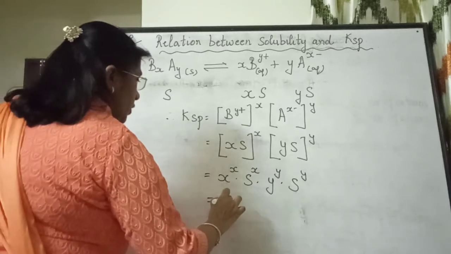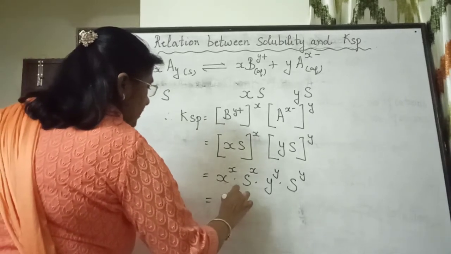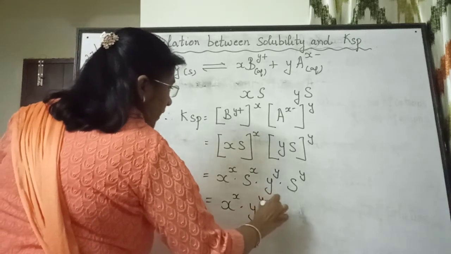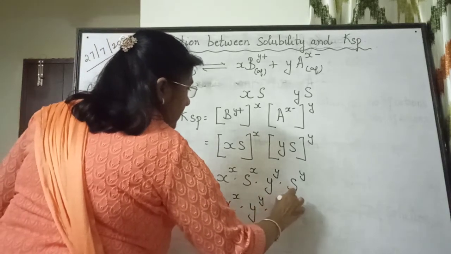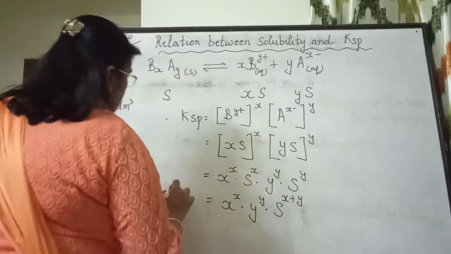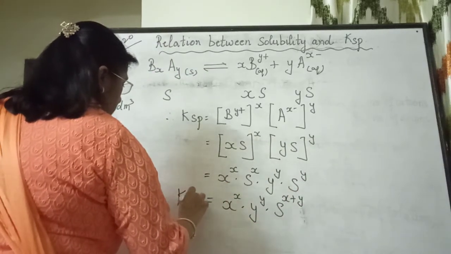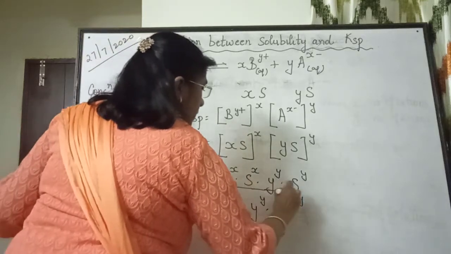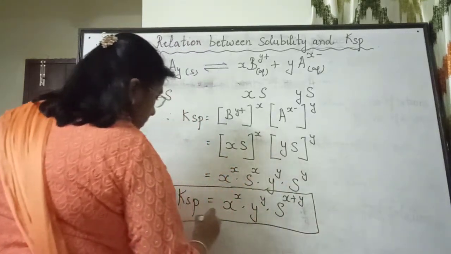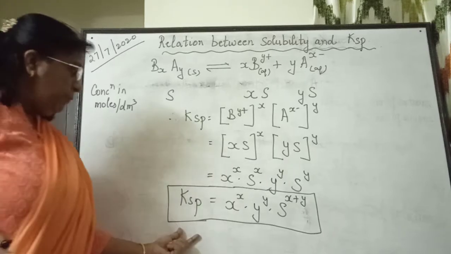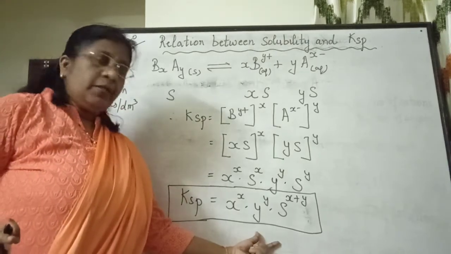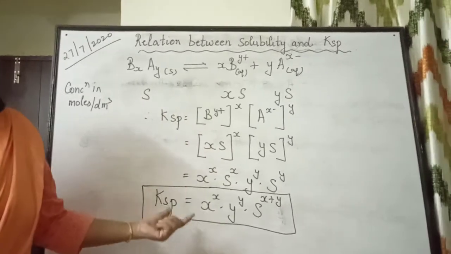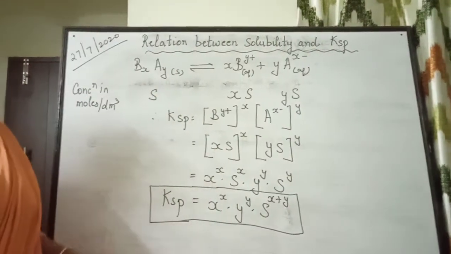So that is equal to x raised to x into y raised to y into S raised to x plus y. This is the relation between solubility product and solubility. I repeat again.